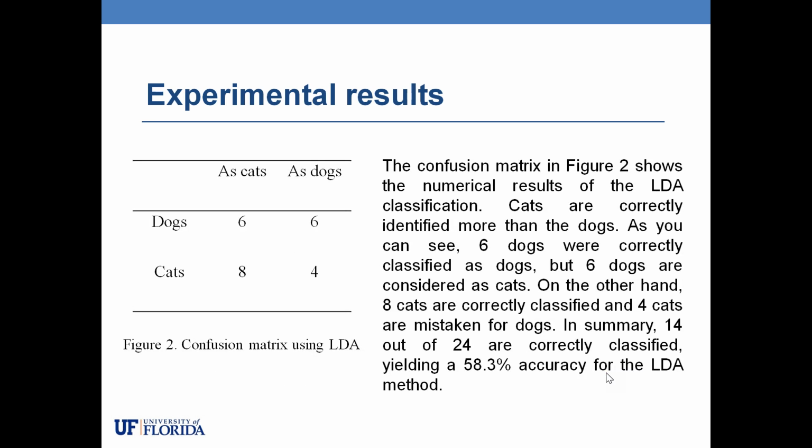The confusion matrix in Figure 2 shows the results of the LDA classification. Cats are correctly identified more than the dogs. As you can see, 6 dogs were correctly classified as dogs, but 6 dogs are considered as cats. On the other hand, 8 cats are correctly classified and 4 cats are mistaken for dogs.